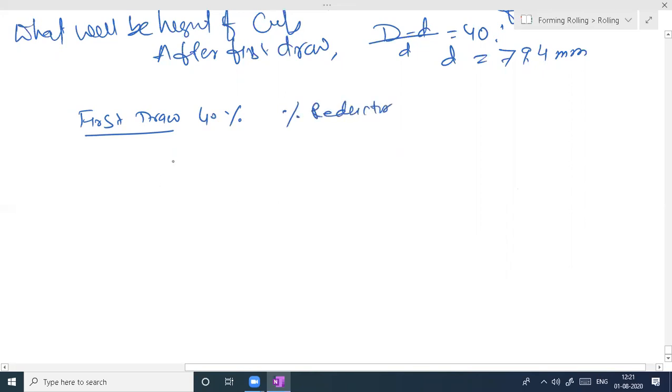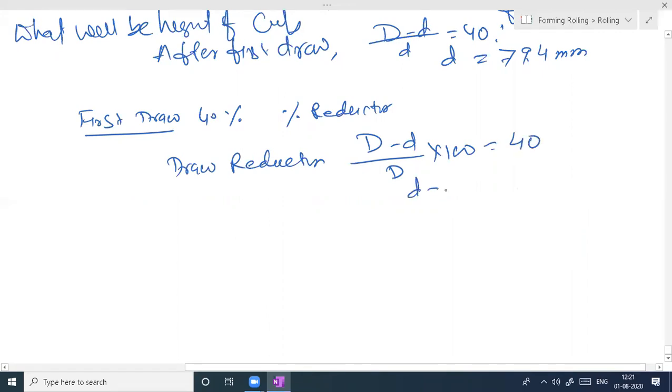And you know the draw reduction formula, that is D minus d divided by D, that is 40%. So you can calculate the diameter. It will be your 79.4 because this D is 132.3 mm. This you got.